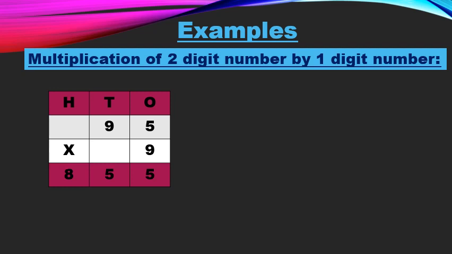And we are going to place the one-digit number, that is 9, in ones place. Alright. Now we are going to calculate from right. So at first we are getting these two numbers.